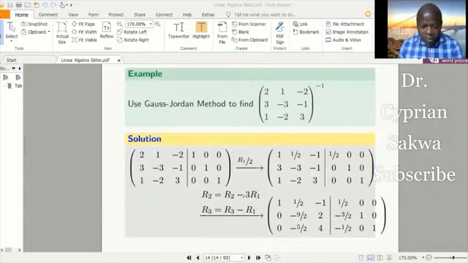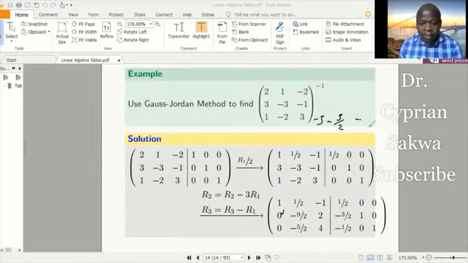So let's just do these operations. This element times 3 subtracted from this, it was 0. This element times 3 gives you 3 out of 2. Subtracted from negative 3, this gives me negative 9 over 2.